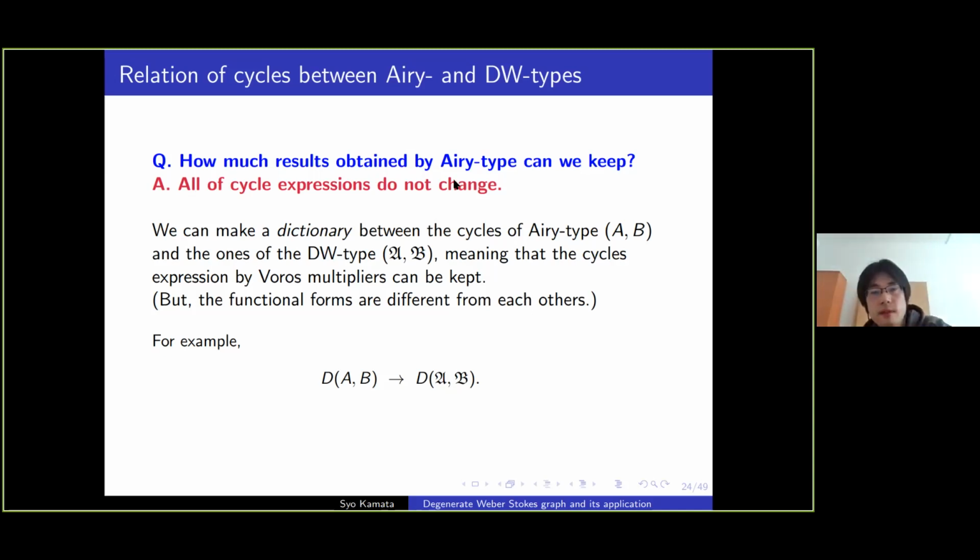So we can keep the cycle expression by making a dictionary between the cycles of the ARA type and the degenerate Weber type. By naively replacing A with fractal A and fractal B, we can make the result of the degenerate Weber type from the ARA type.